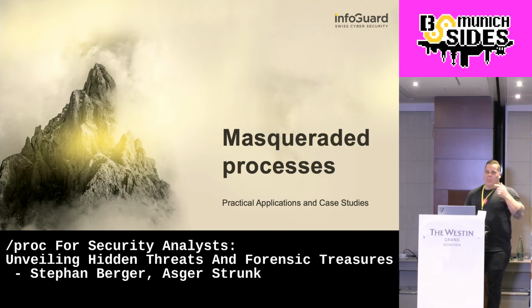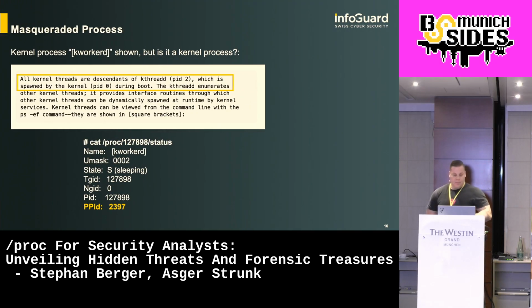So again, if we think about the ps command and where it cycles over the different proc or process folders in the proc folder, those things can be changed. Again, from the first example, I said it was a kernel thread.